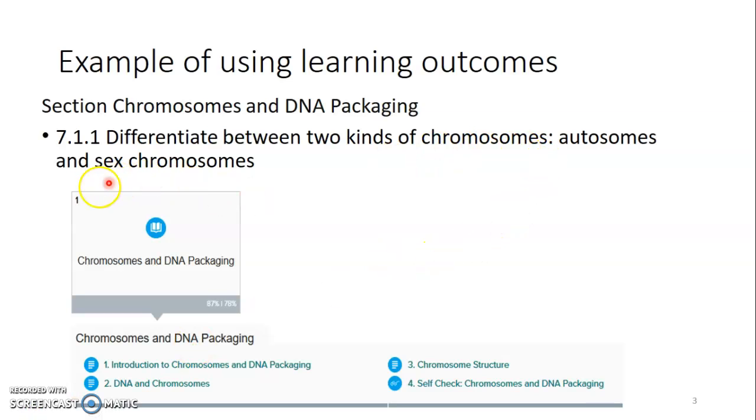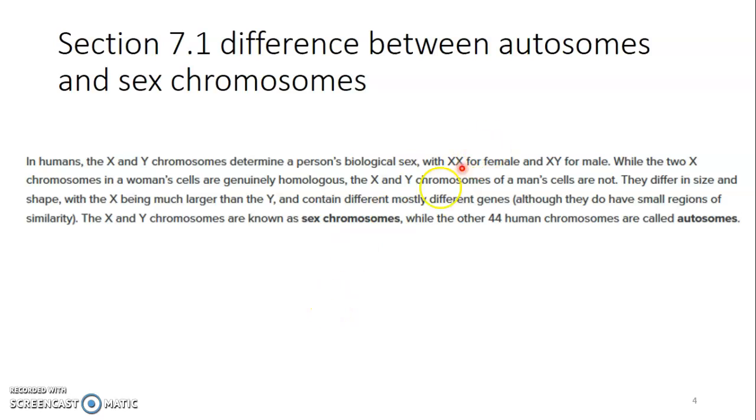For example, this first one, differentiate between two kinds of chromosomes, autosomes and sex chromosomes. You actually can see this in the beginning, so I'm going to go into that in the next step, but it actually comes up again later on in this module, so you will see this twice. And here it is in the very beginning. What are autosomes? Autosomes are everything that is not a sex chromosome.